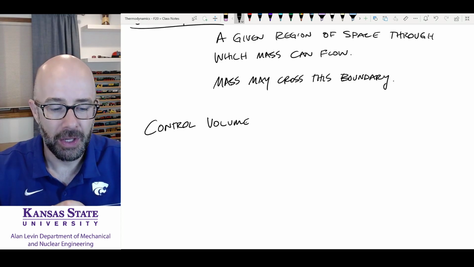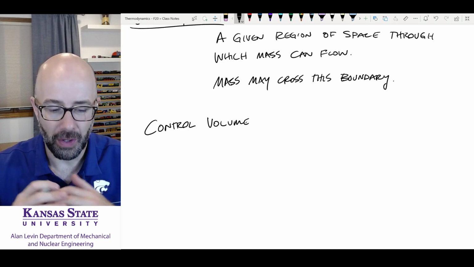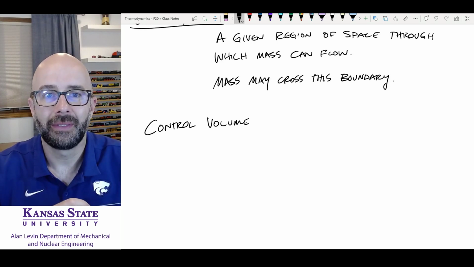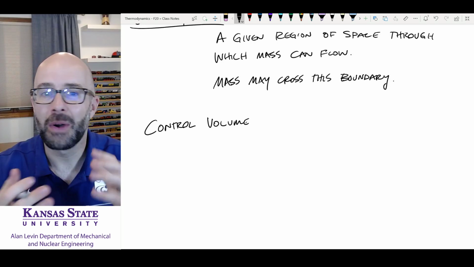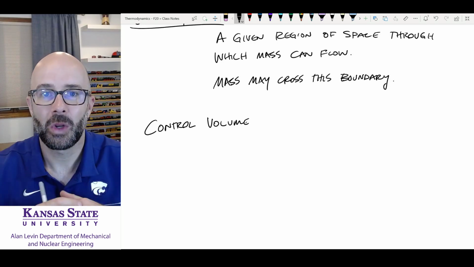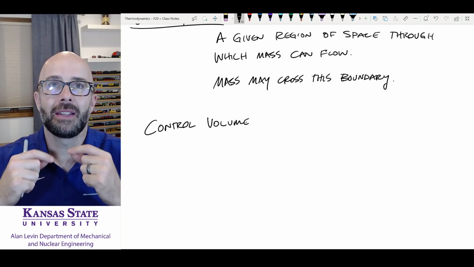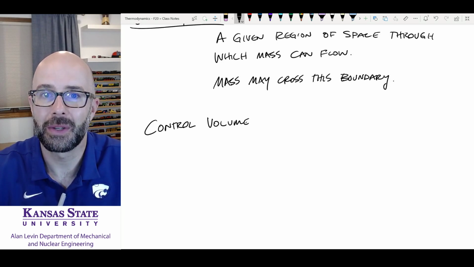Okay, a control volume. Now there is a special type of control volume that no mass crosses through, and we call that a closed system. So the boundary on anything, closed or open systems, can be called a control volume, but we specifically call a control volume where no mass crosses through a closed system.